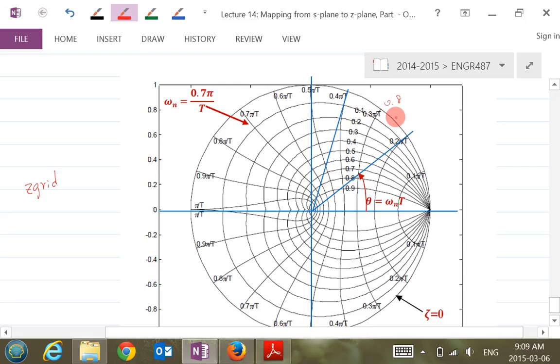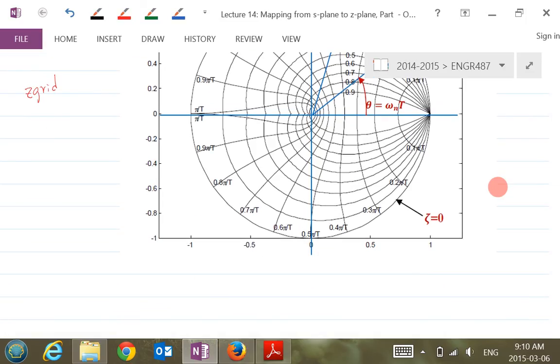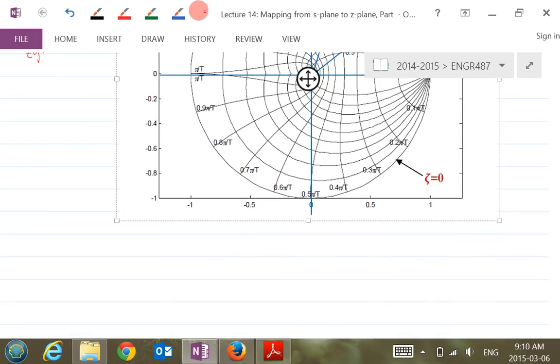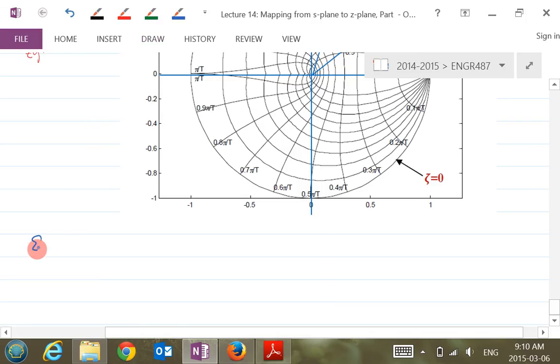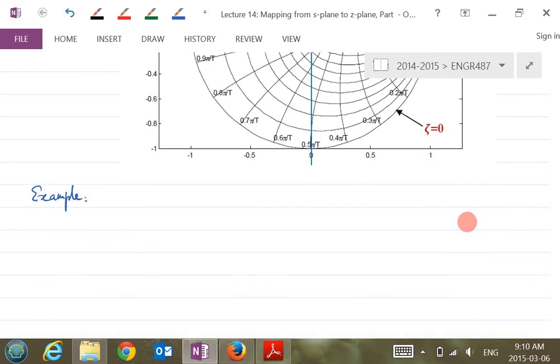Now let's look at an example. May not be able to finish this now. So we have a zeta of 0.25. Suppose that we wanted to design a control so that we want zeta equal to 0.5.